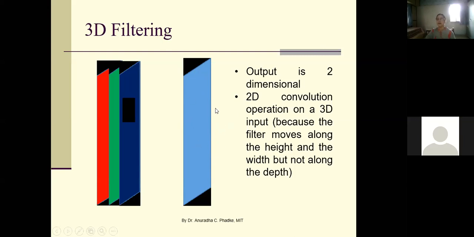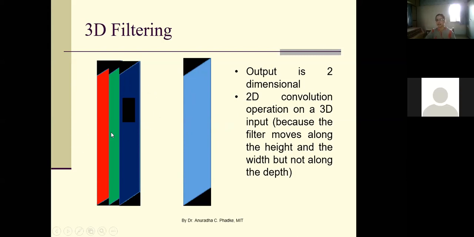Now instead of gray image, if you are considering the input image as a color image, then your third dimension is 3. One plane you need to represent red color, another plane to represent green color, and a third plane to represent blue color, because input images are in RGB format. Or it might be in CMY format or some other color format.